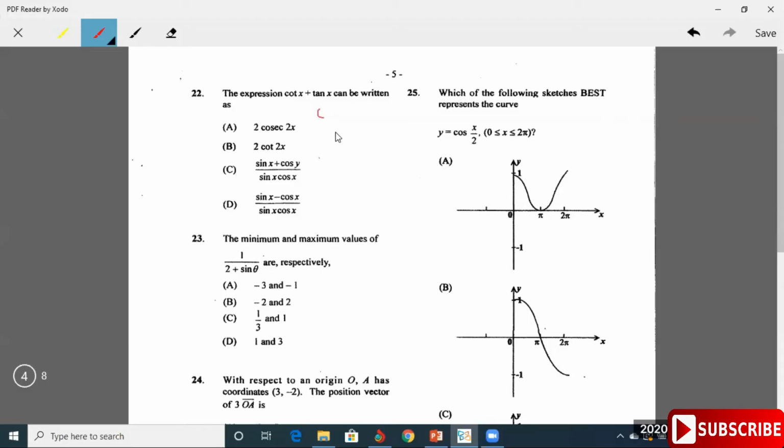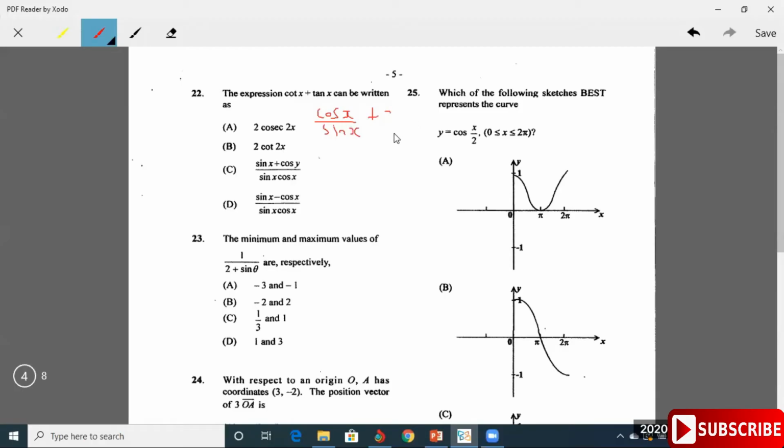So let's write that down. We have the cosine of x, and we're dividing it by the sine of x. And then the tangent x is sine x over cosine x.